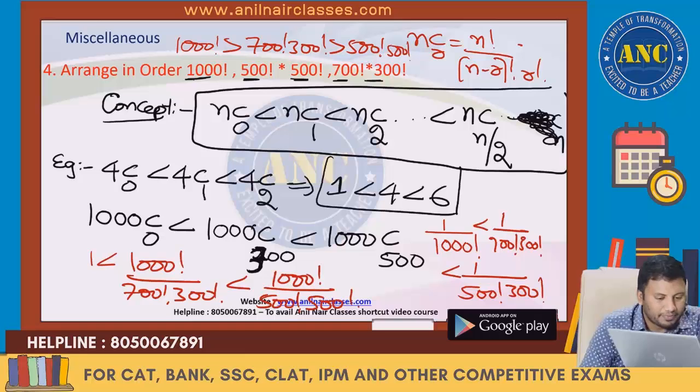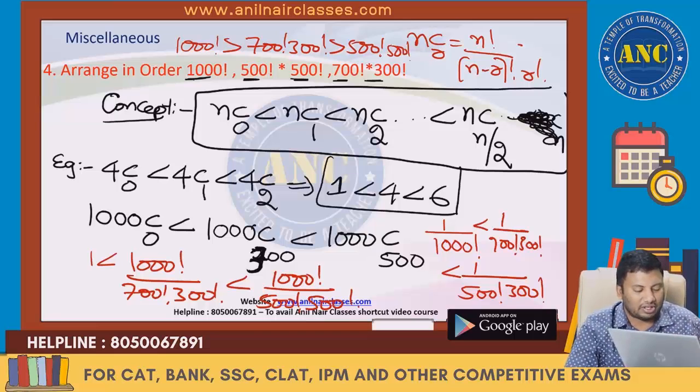1000C0 < 1000C1 < 1000C2. Factorial is nothing but the factorial. 1 < 1000!/(700! 300!) < 1000!/(500! 500!). If 1000 factorial comes to the left hand side, 1/1000! < 1/(700! 300!) < 1/(500! 500!).